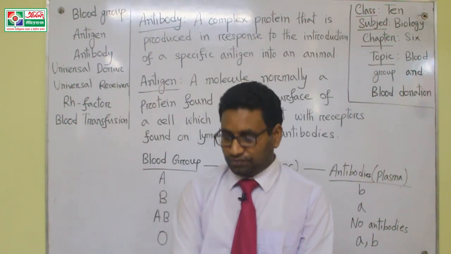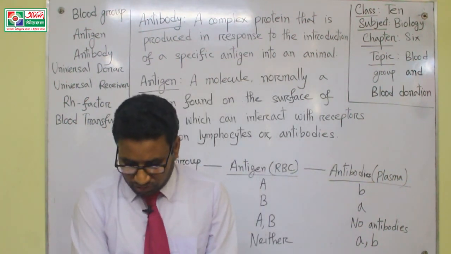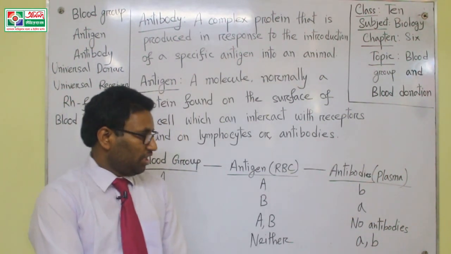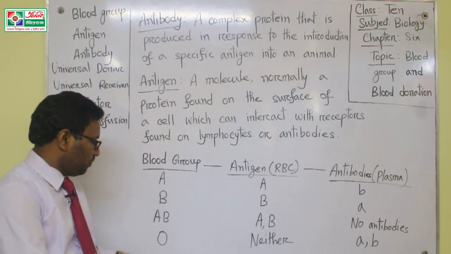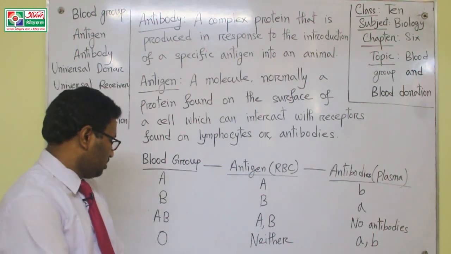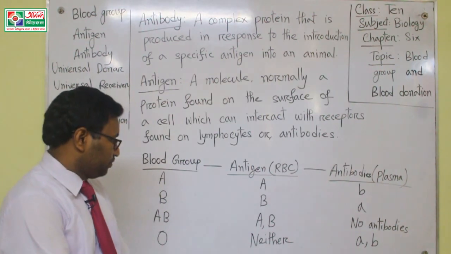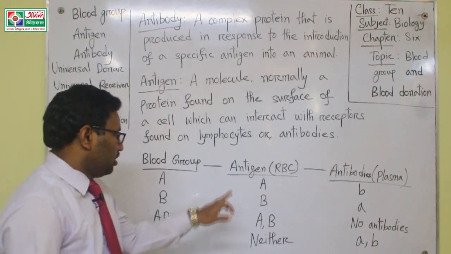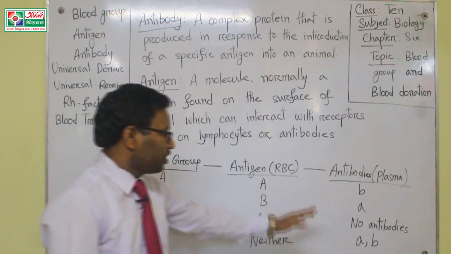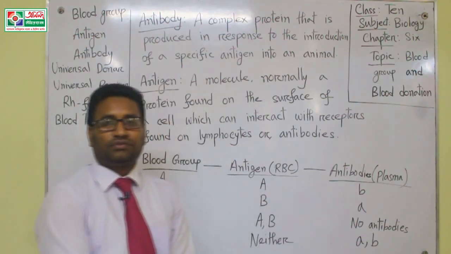The O blood group is called the universal donor, because in the case of O blood group, antigen is completely absent, and only antibodies small a and b are present.